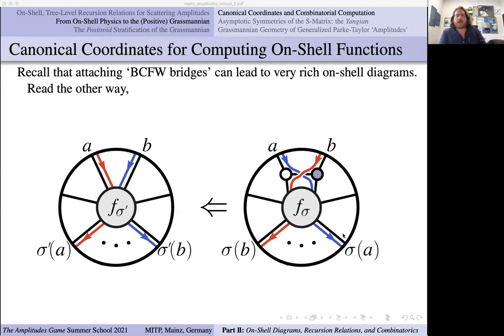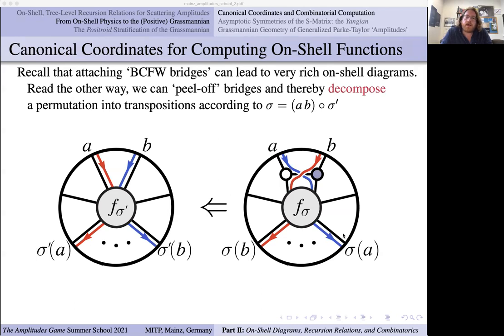And this actually leads to an extremely powerful and efficient way of representing on-shell functions and even generating diagrams. The way this works in practice, I will illustrate by example, and I'll ask you to do it in your homework too. The basic idea is that if I handed you a label and not the diagram, you could deconstruct that permutation into a series of transpositions to the identity permutation.